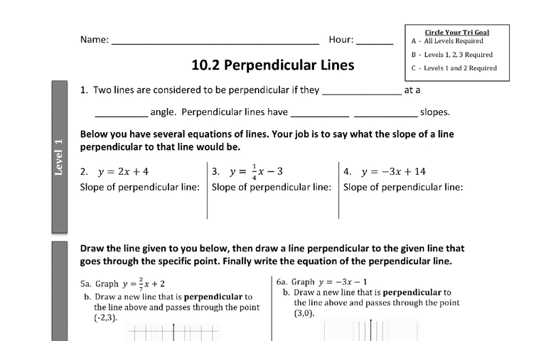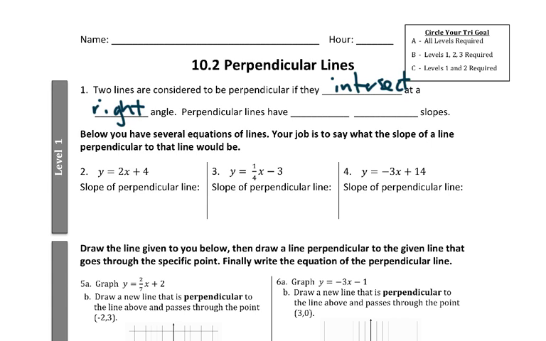All right, so question 1, we're just going to define what it means to be perpendicular. Two lines are considered to be perpendicular if they intersect at a right angle.